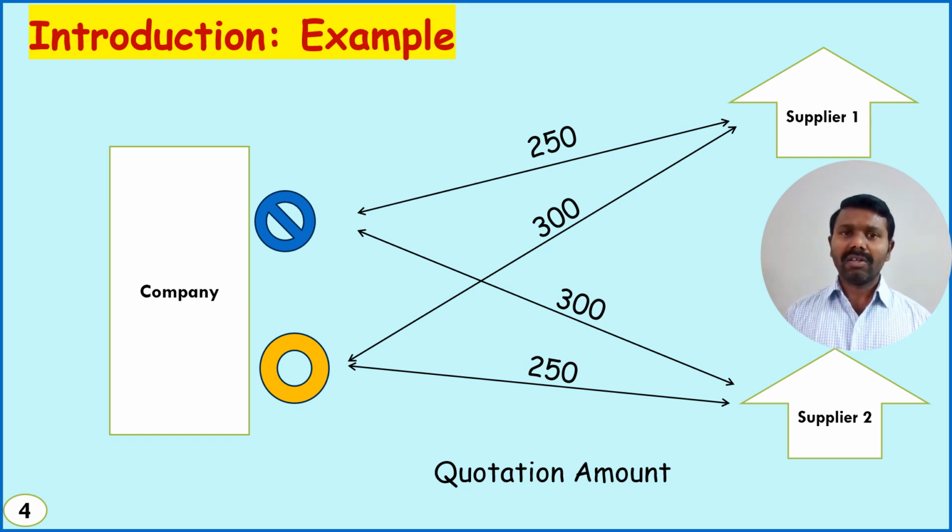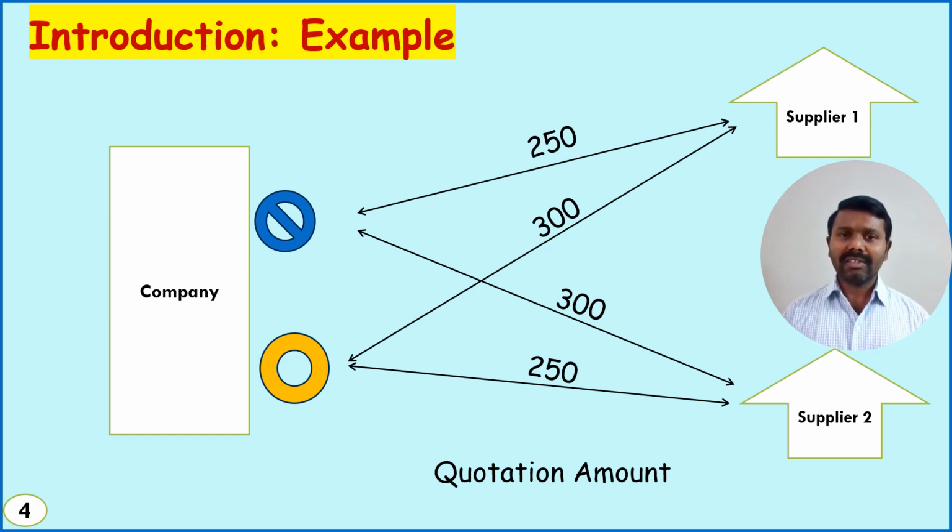Generally, the first product has the lower quotation cost from supplier 1, and the second product has the lower quotation cost from supplier 2. In that case, you will be purchasing product 1 from supplier 1 and product 2 from supplier 2 in order to minimize the cost.